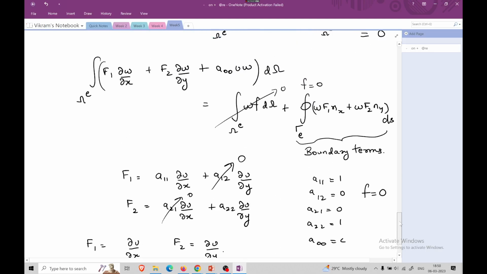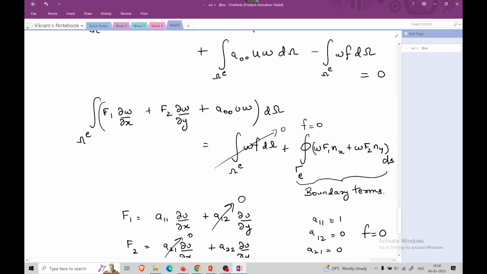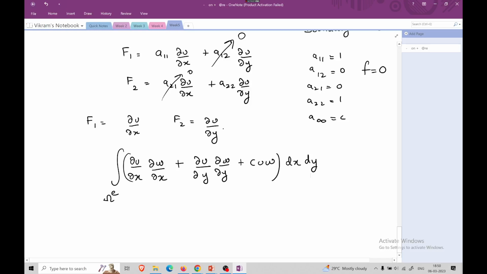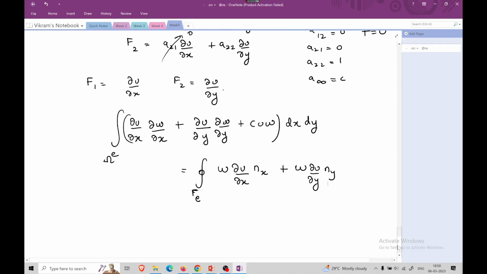In the right hand side I am going to have only the integral over the boundary of w dou u by dou x into nx plus w dou u by dou y ny, that is w F1 nx plus w F2 ny, multiplied with ds. So this is my weak form.